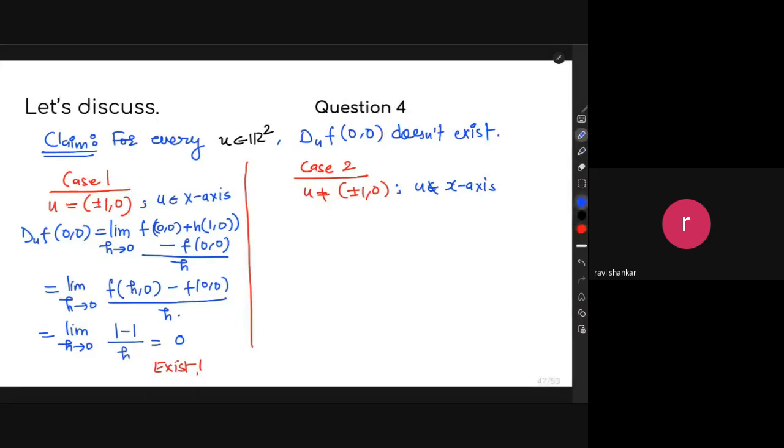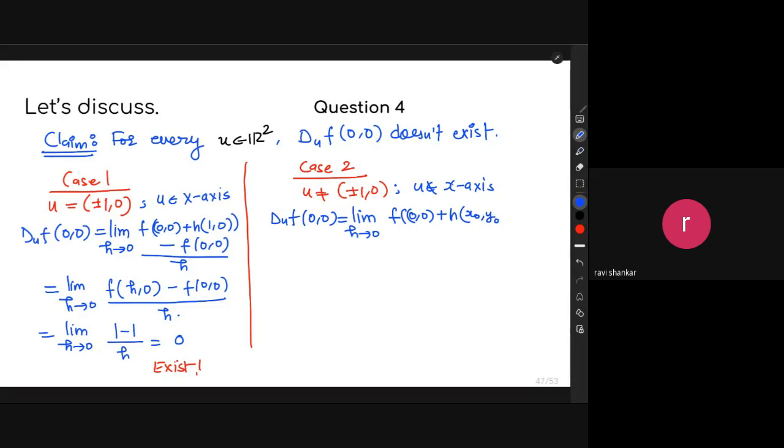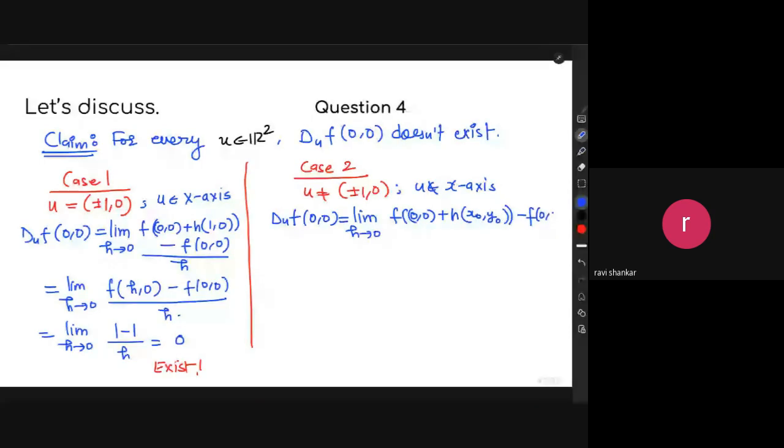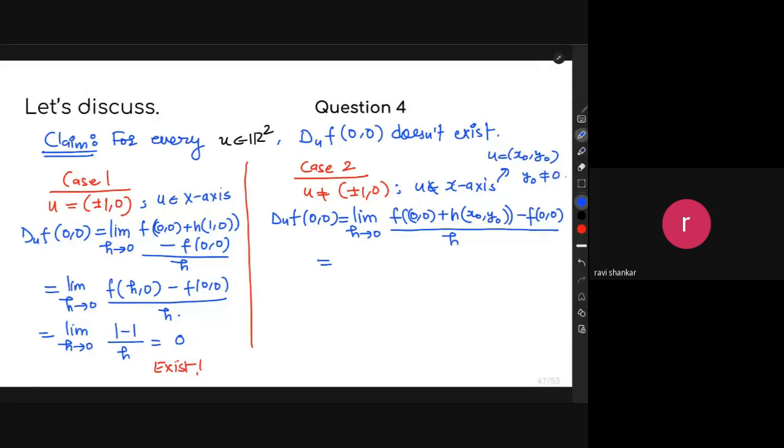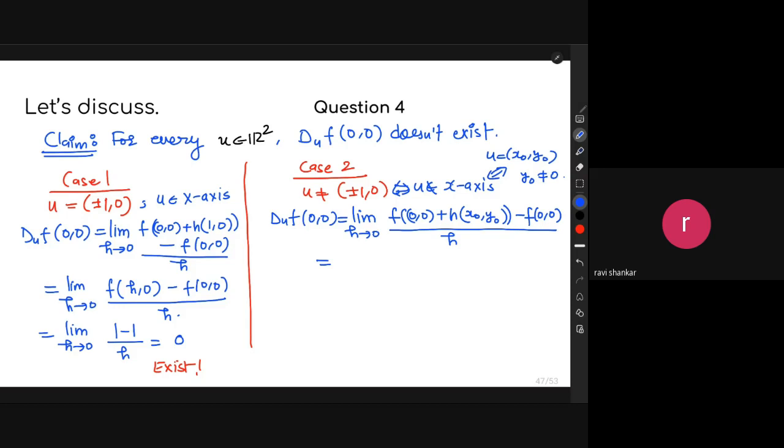Now in the second case, D_u of f at 0 comma 0 is again equal to the limit of f of (0,0) plus h times (x naught, y naught) minus f of 0 comma 0, divided by h. So this condition implies that u has to be of this form where y naught is not equal to 0. All these conditions are equivalent.